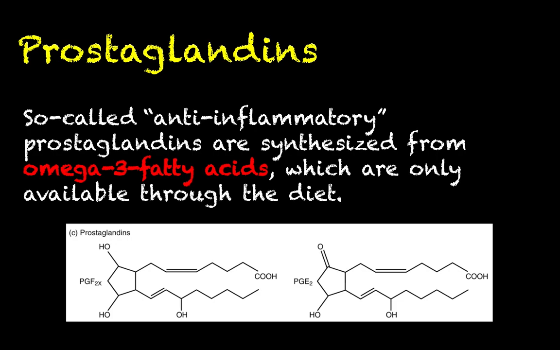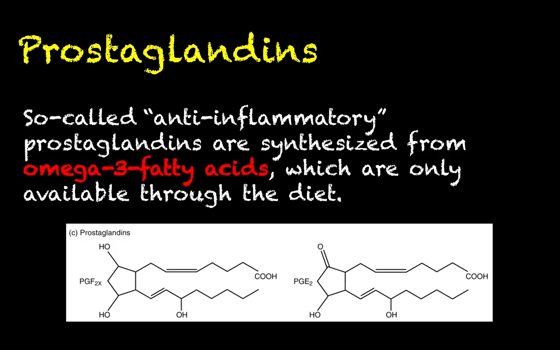So we can see here that omega-6 fatty acids tend to be associated with the production of pro-inflammatory prostaglandins, which are going to cause redness and swelling and pain at the site of tissue injury. So-called anti-inflammatory prostaglandins, which will alleviate those sorts of symptoms, they tend to be synthesized from omega-3 fatty acids, which are only available through the diet.